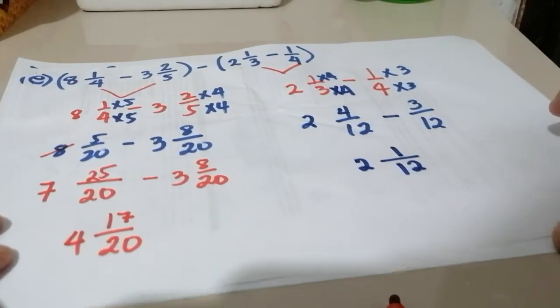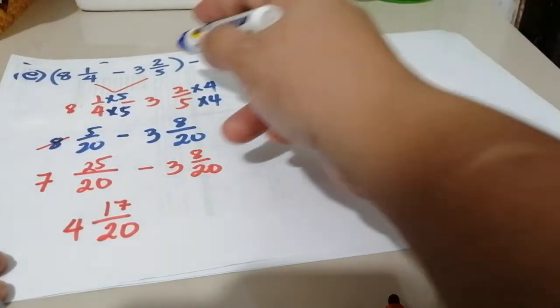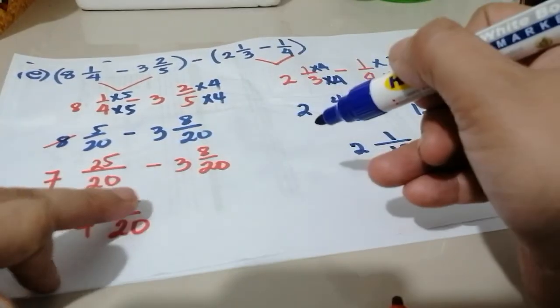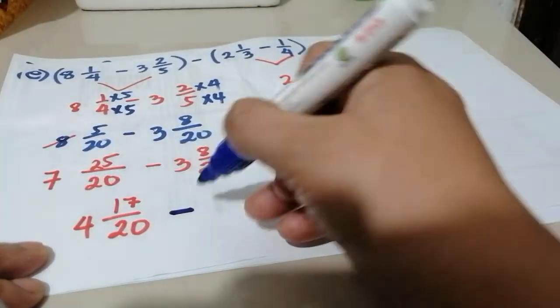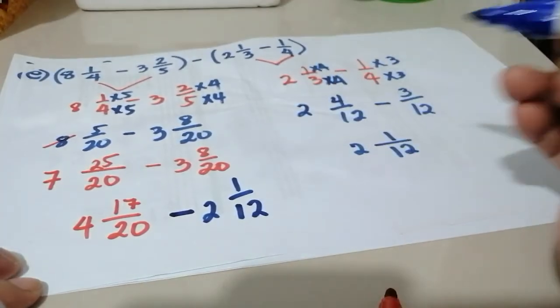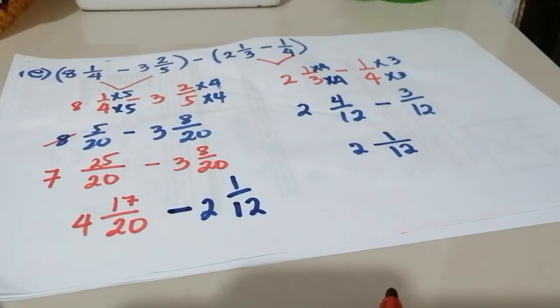Okay, now that meron na tayong parehong answer dito sa dalawa, we can now subtract this 4 and 17 over 20 by 2 and 1 over 12. Okay?